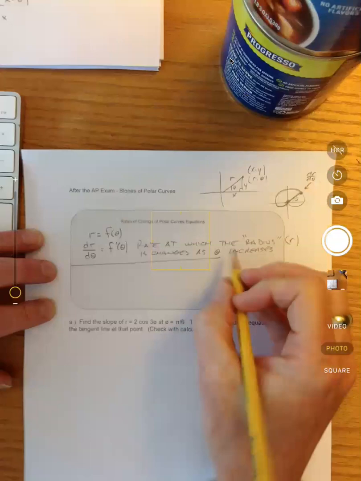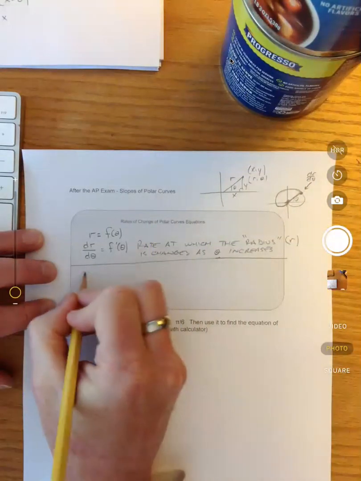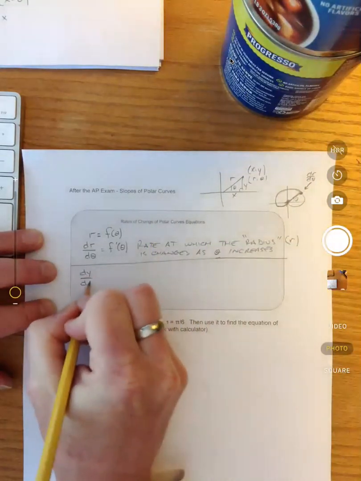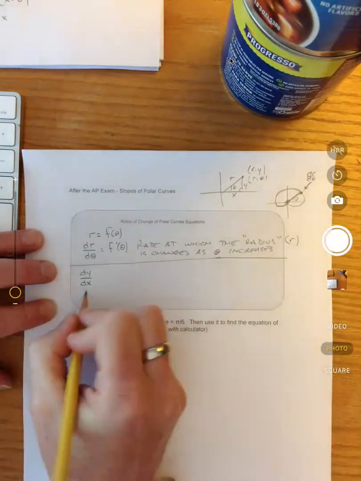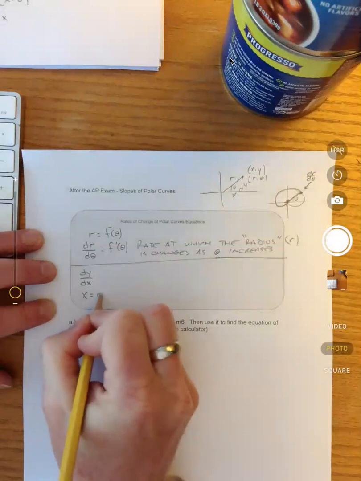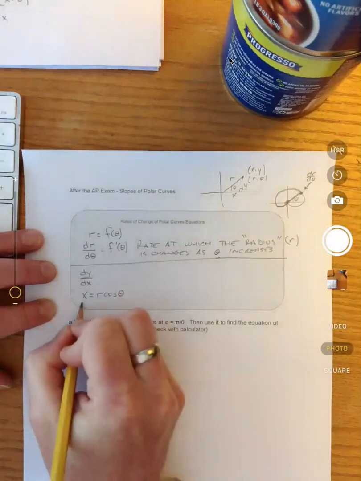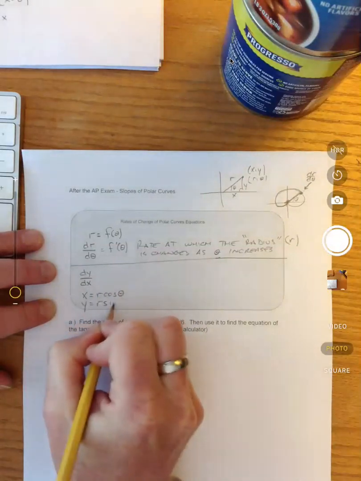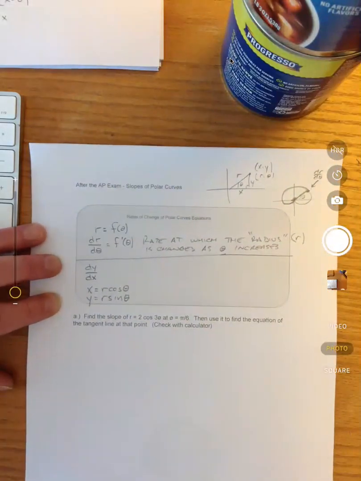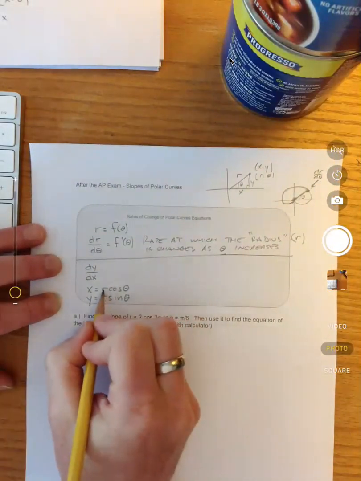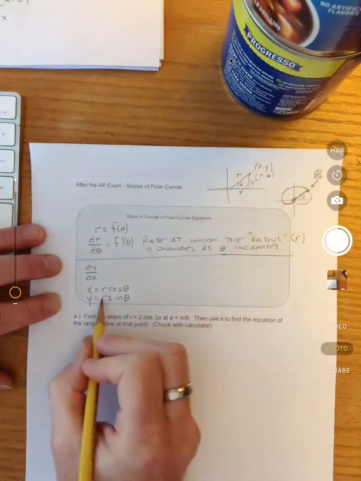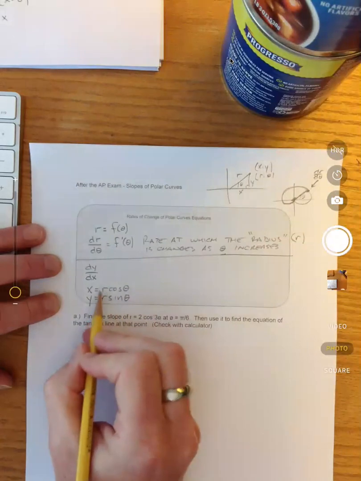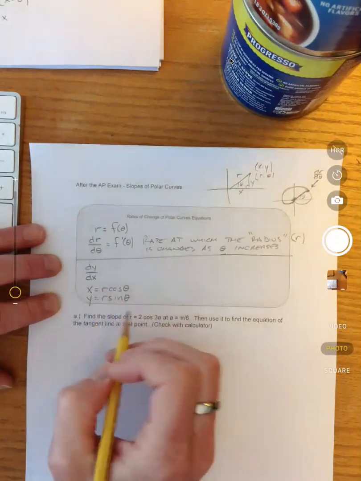Slope is still dy dx. But the problem is, if you remember, our x equation is r cos theta, and my y equation is r sine theta. And on top of that, remember what r is. r is a function in terms of theta. So really, x is all in terms of theta, and y is all in terms of theta.